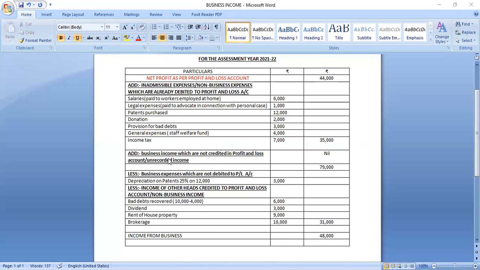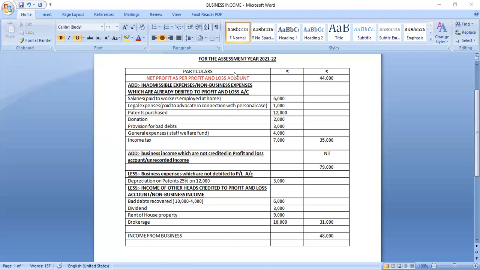The third step, subtract those business expenses which are not debited to the P&L account. And the fourth step, subtract income of other heads credited to the P&L account, that means non-business income credited to the P&L account. Add, subtract, and the final result is income from business.